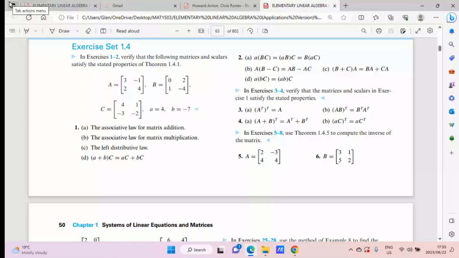Now, the left distributive law. This is how you will get it in an assignment or in the exam. Level, what did you get? It's a 2 by 2 matrix.